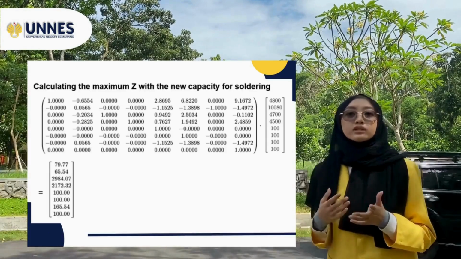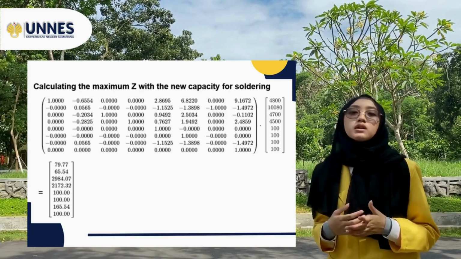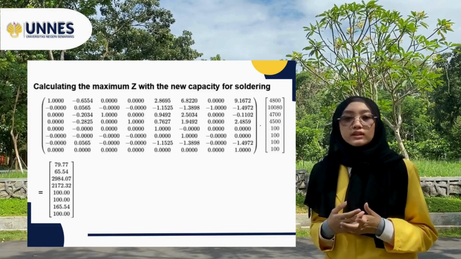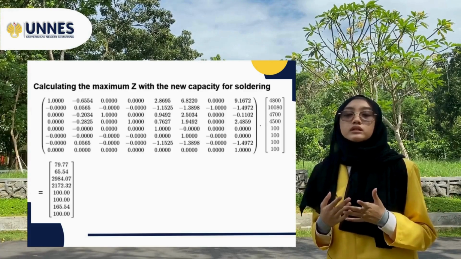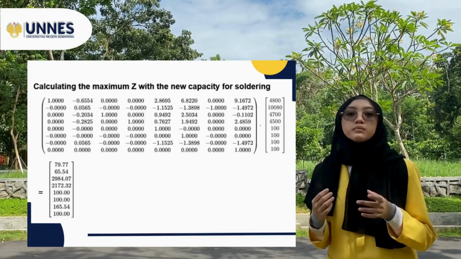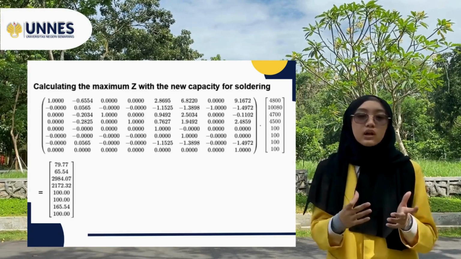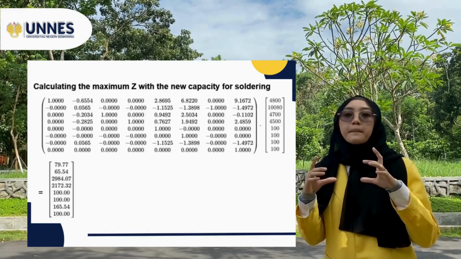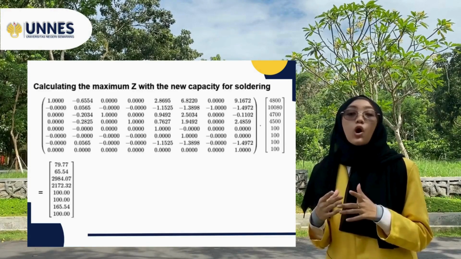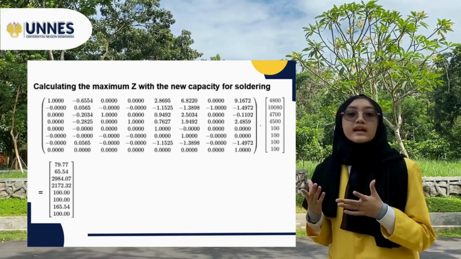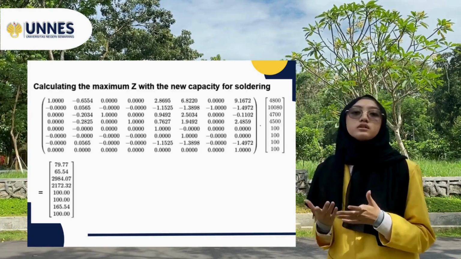Next, we calculate the maximum Z with the new soldering capacity using the concept of sensitivity. Here, we multiply the inverse matrix of the column values of the variables in the optimum table from the initial table with our matrix of operations capacity. With the help of Excel, we get the values of x1, x3, and so on.